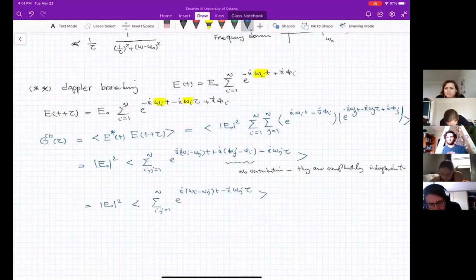All right. So can someone tell me what I expect for this scenario? I'm taking the ensemble and the time average as well. So let me ask Eric. What do you expect for this, Eric?